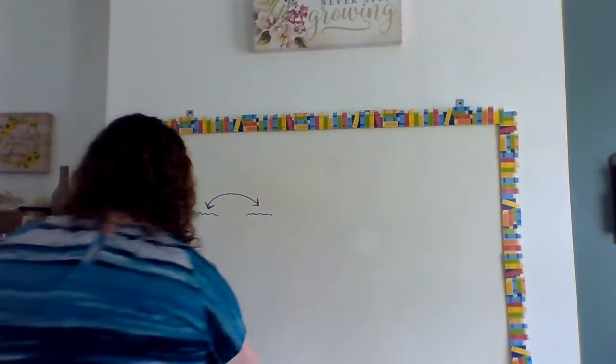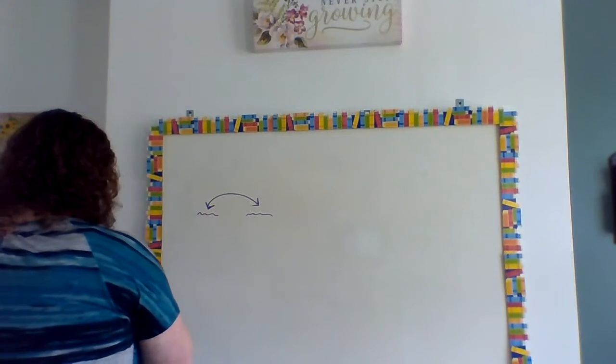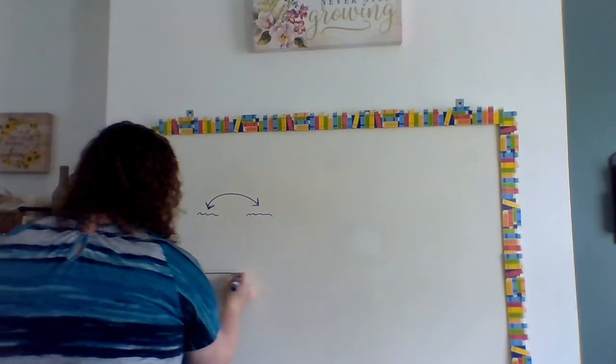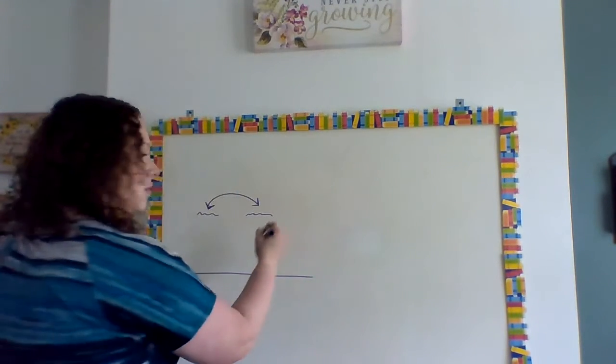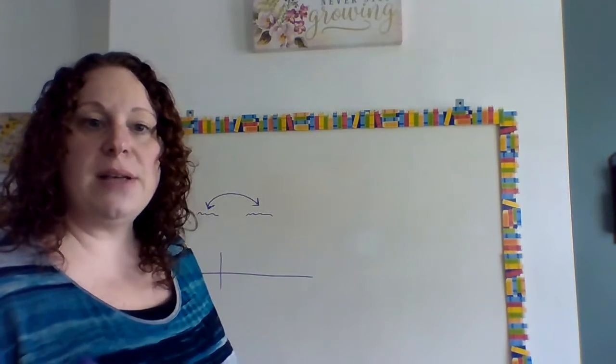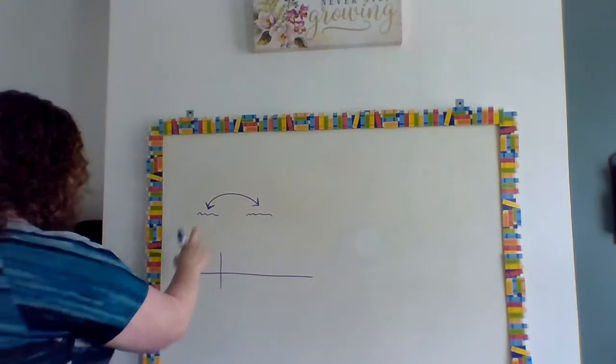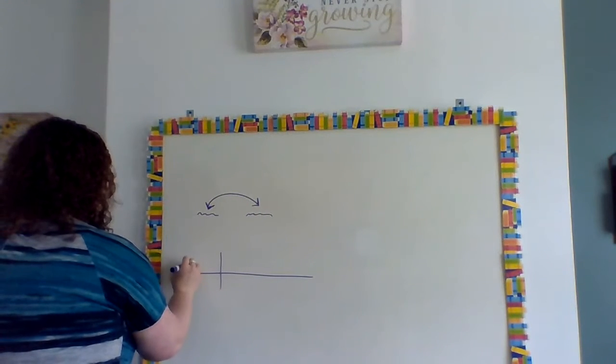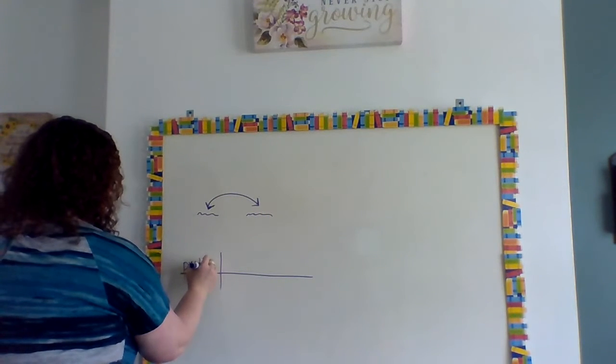The pretzels smell delicious. So here's your line, and it's in your workbook for you, right? So the pretzels smell delicious. What are we talking about? Our subject goes here, pretzels, and what are they doing?